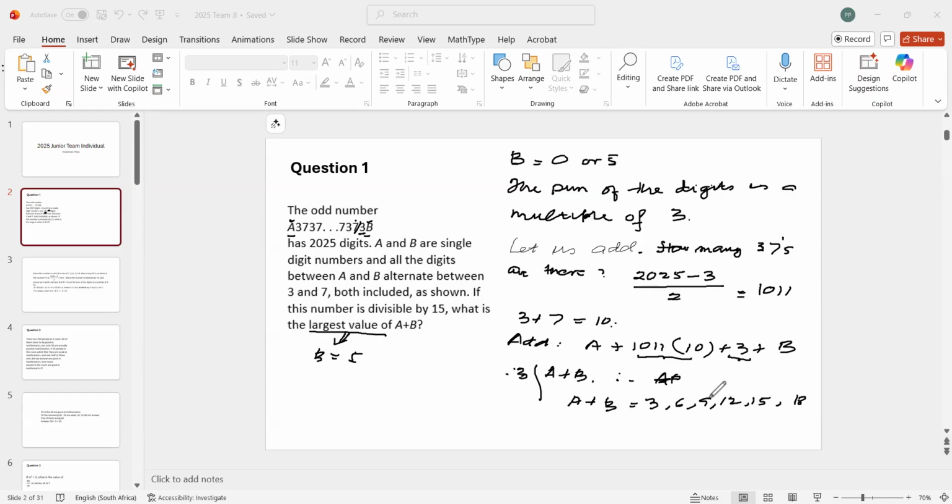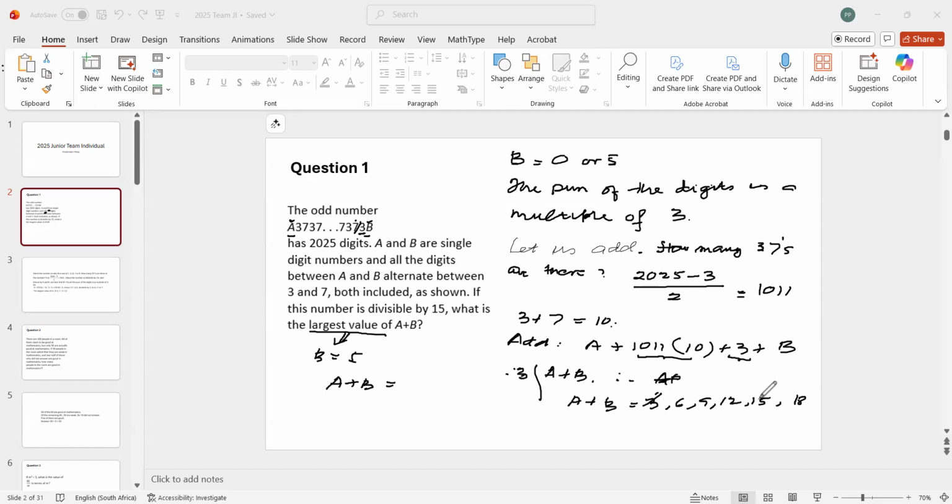So if B is equal to 5, then what is A plus B? You can't have 5 plus A equal to 3, so that is out.